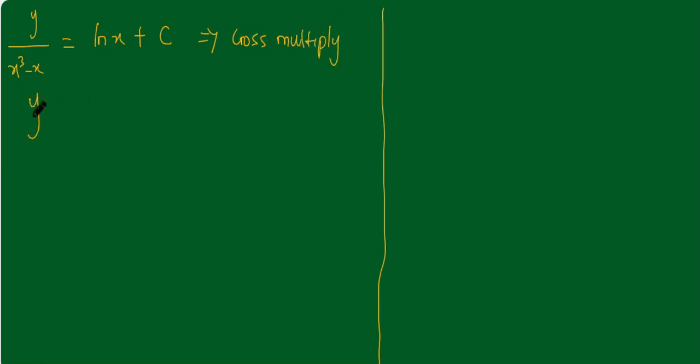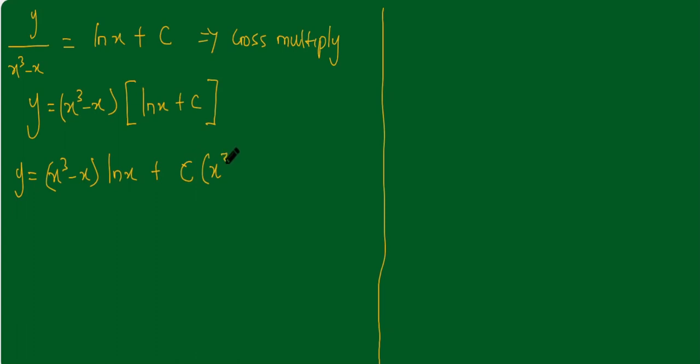So we have y to be equal to (x cubed minus x) into brackets (ln x plus c), which you can go on to expand as y is equal to (x cubed minus x) ln x plus c into brackets (x cubed minus x). And this is the solution of our differential equation. Now let's take a look at another example that we have here.